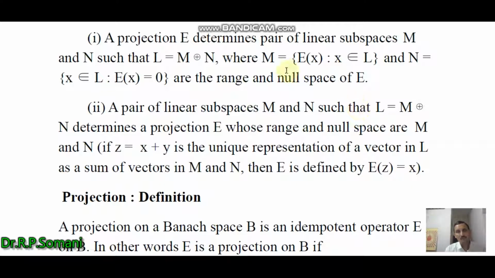So if we have a projection, then we can determine M and N, and if we have M and N, then we can determine a projection with the required property.